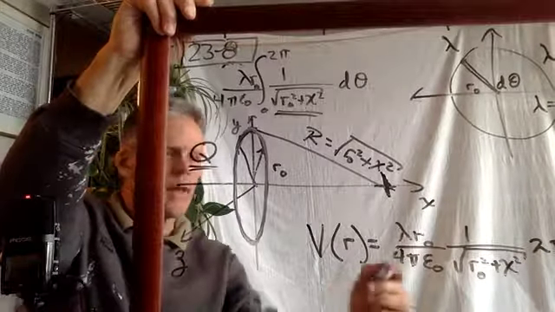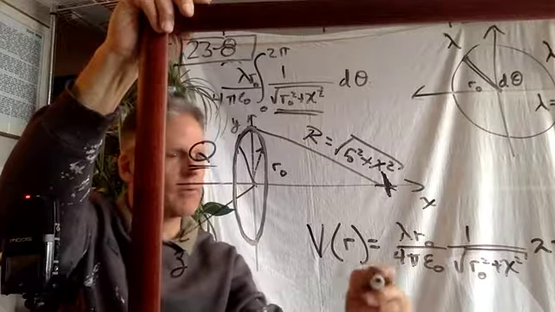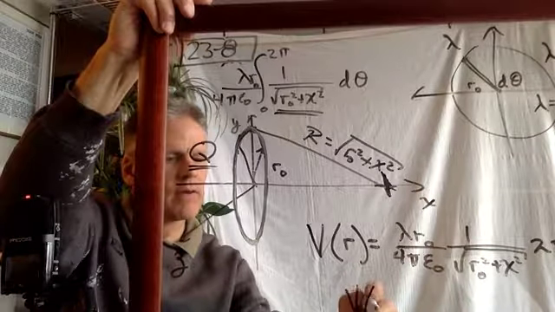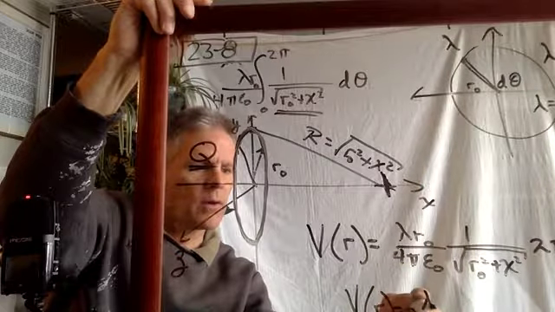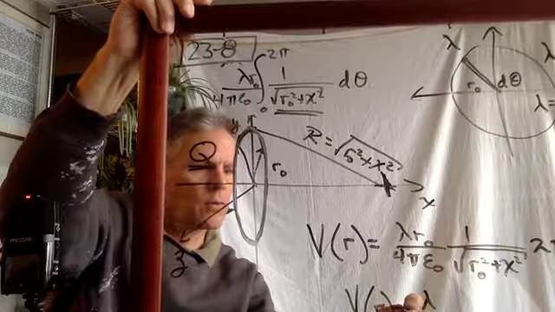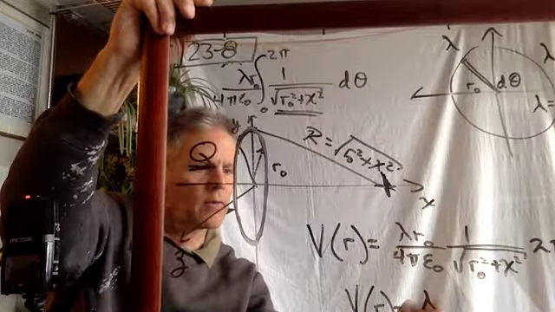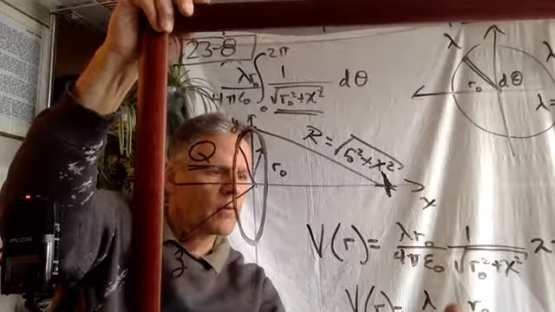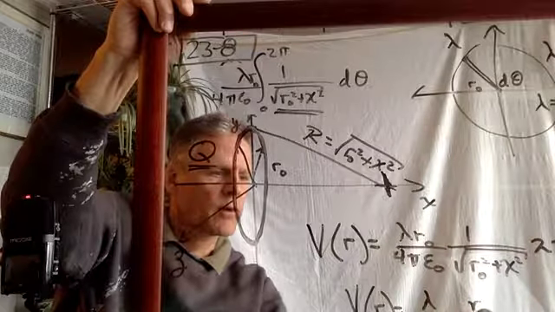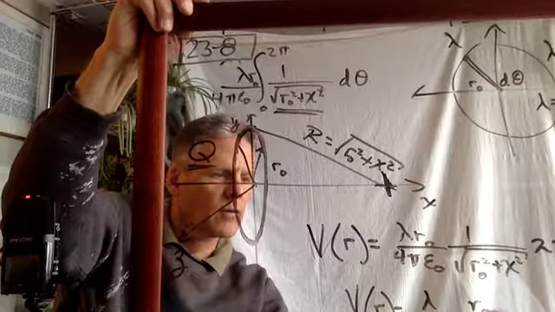And so what do we end up with? We end up with V of r equals lambda over 2 epsilon 0, r0 over square root r0 squared plus x squared.